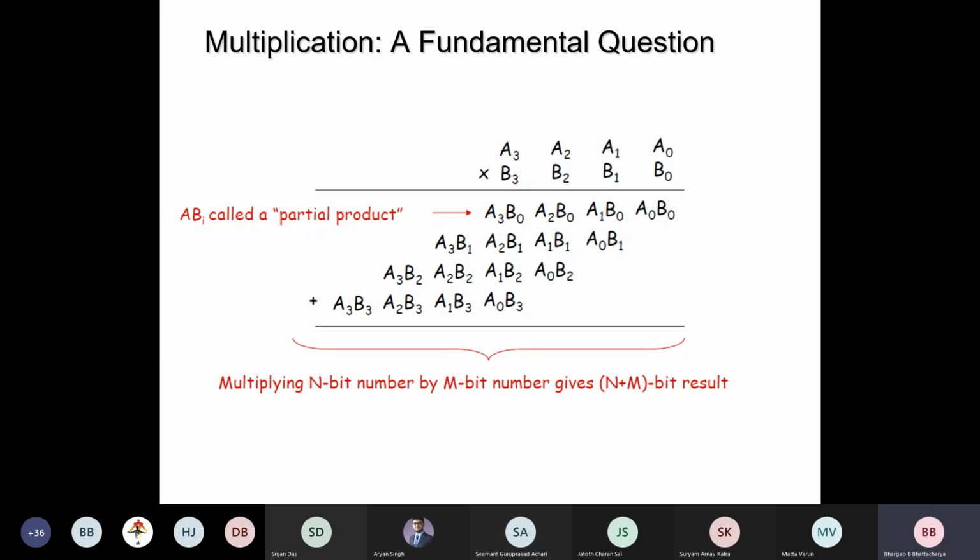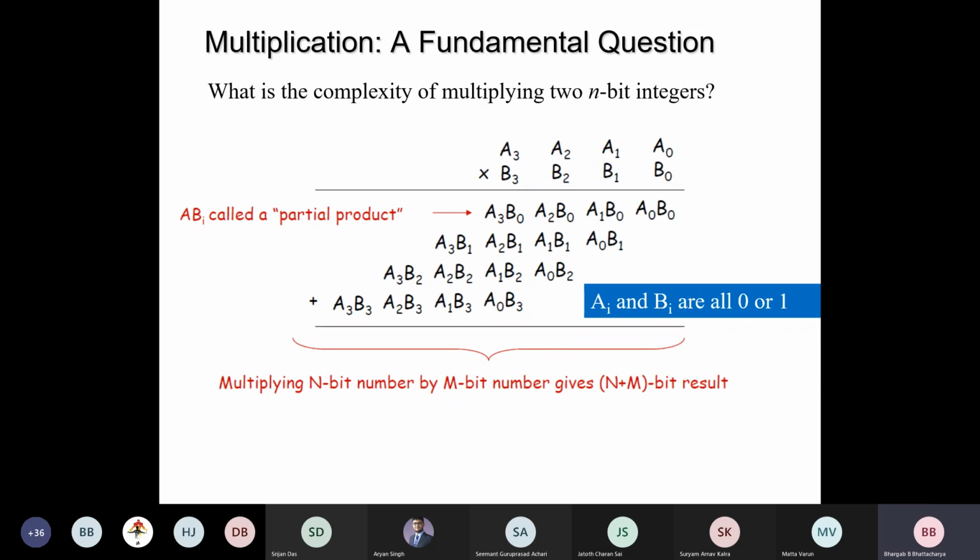So that is the question. A's and B's are here all zeros and one. These partial products you have to compute anyway, right? So what is the complexity of multiplying two n-bit integers from an algorithmic perspective?